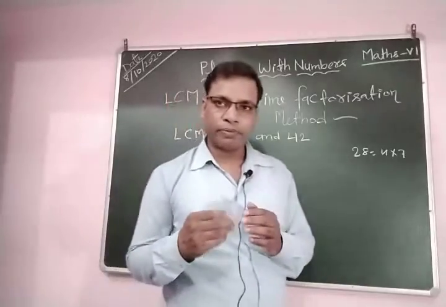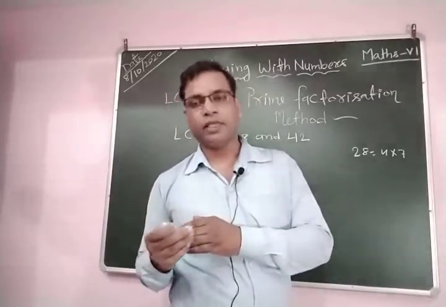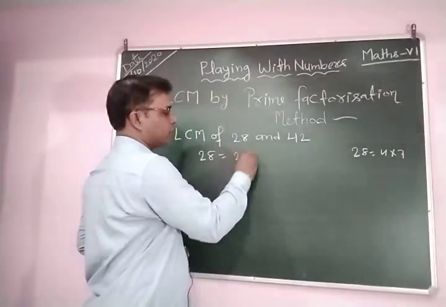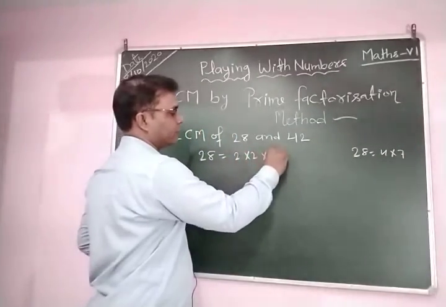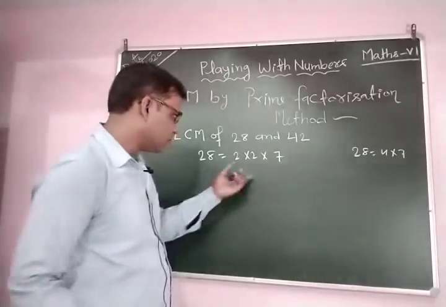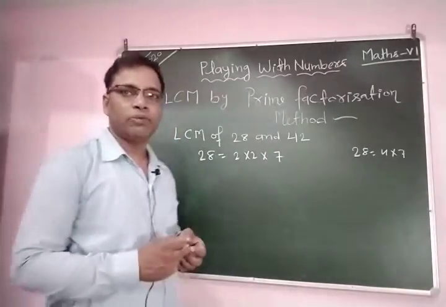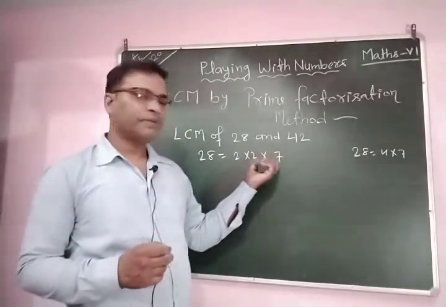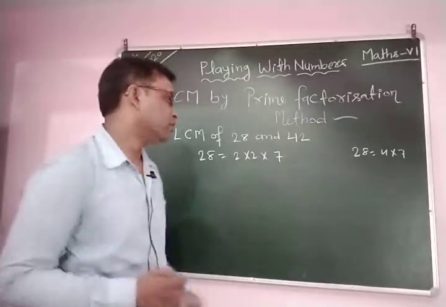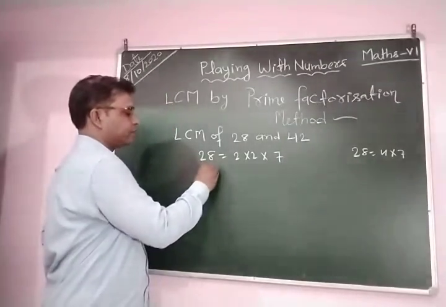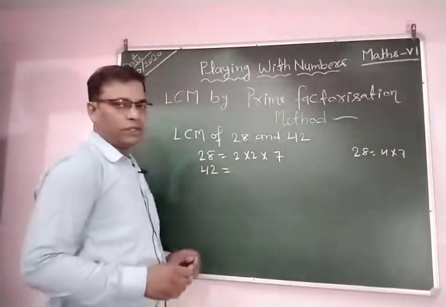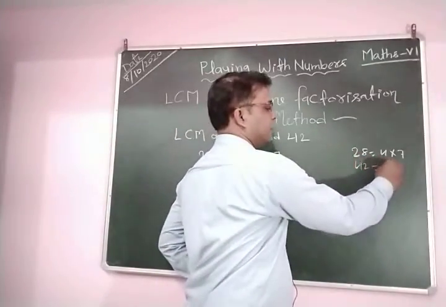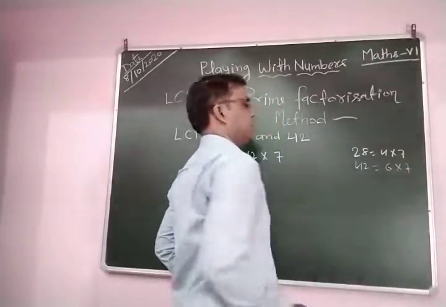When you break 4 into prime factors, it becomes a prime factorization. So you can write it as 2 into 2 into 7. Now you can see we expressed 28 as a product of prime factors. The next number is 42. We can write 42 as 6 into 7.